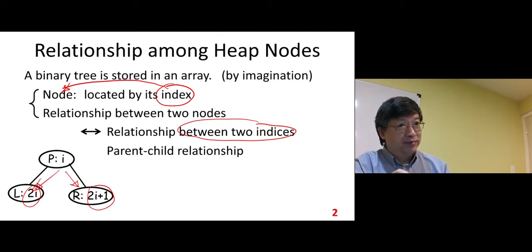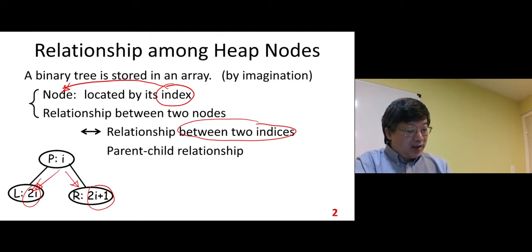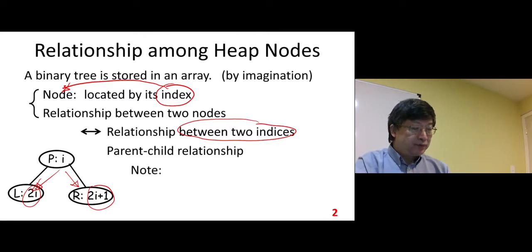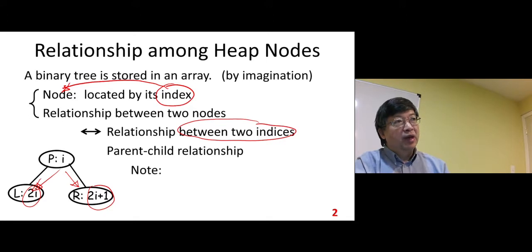So simple. All right. So in this way, we can describe the parent-child relationship everywhere in a heap.